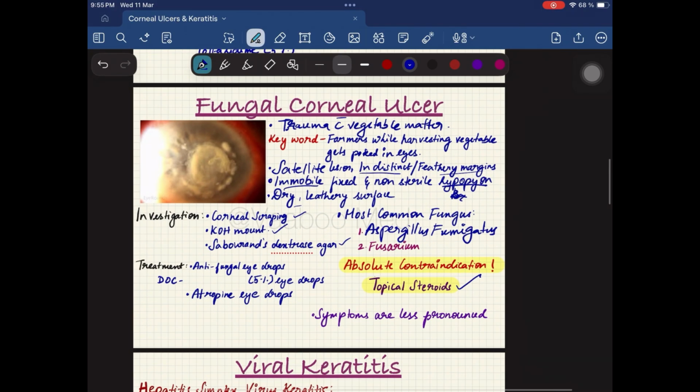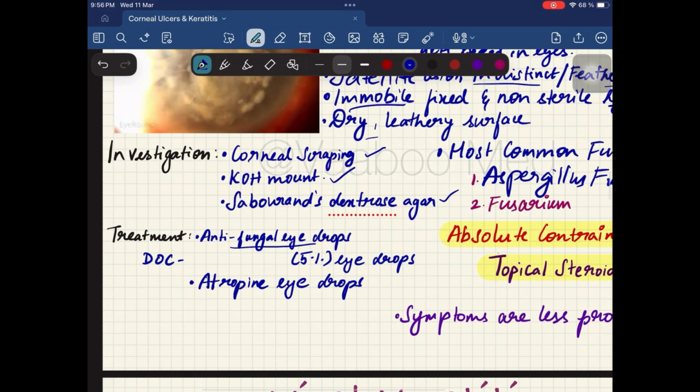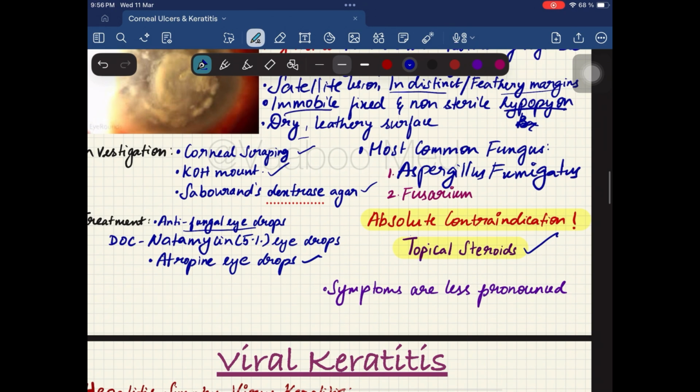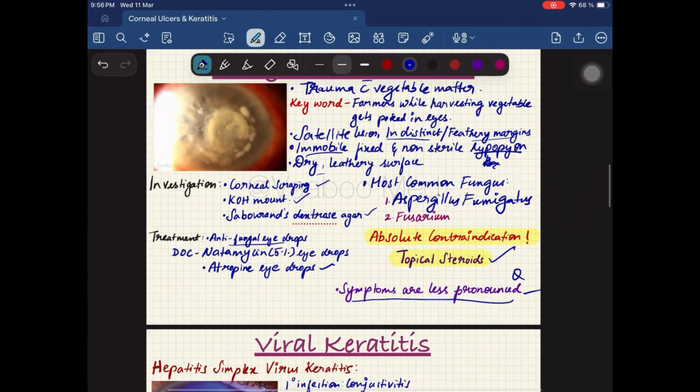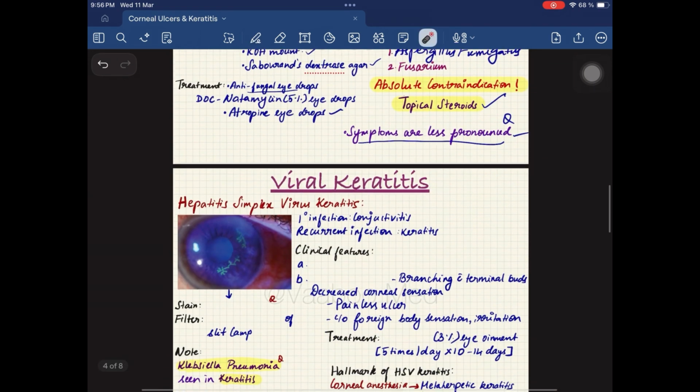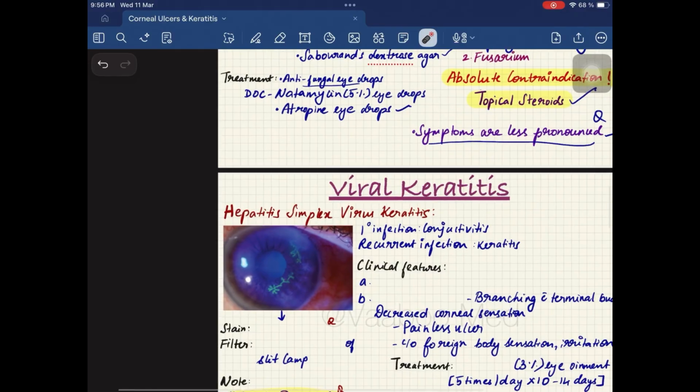Remember that. For treatment we can use antifungal eye drops. The drug of choice is natamycin 5%. Atropine eye drops can also be used, and symptoms are less pronounced. This question has appeared in exam. Now let's move to the next topic, which is viral keratitis.